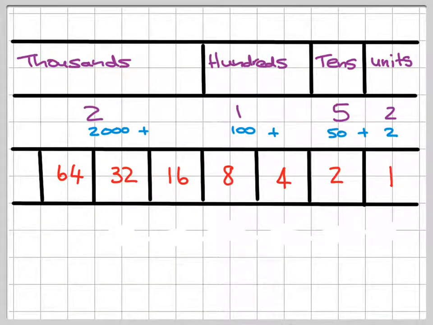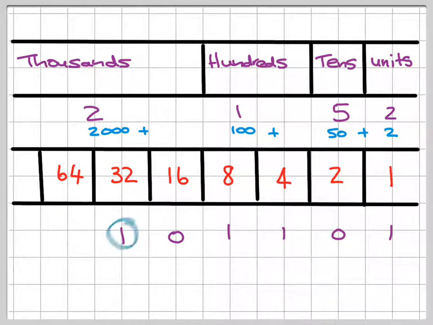Now your headings are going to change for binary. Here they are here. You can see we start with 1. It doubles to 2. It doubles to 4. It doubles to 8. It doubles to 16, and so on. They double each time. Okay, those are our new headings. So let us look at what would be under this heading. If we had it in a binary scale, it would look like that. There's a binary number.